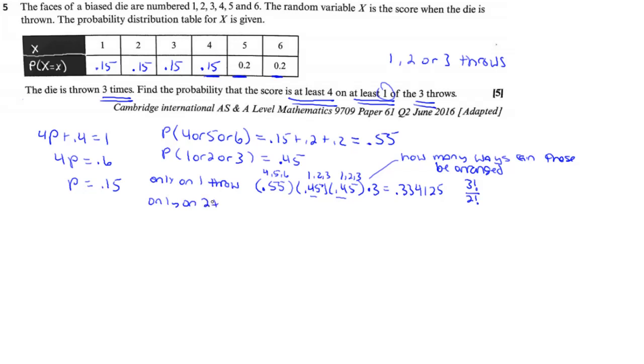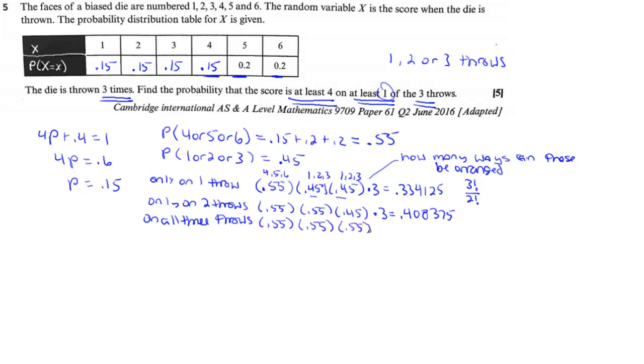Now, what if it only happens on 2 throws? Well, that means I get a 0.55 and a 0.55 and a 0.45. Now, in this situation, we're doing on the first throw and the second throw. But again, that could happen 3 different ways also. So we can look at the third situation where it happens on all 3 throws. That's a 0.55 times 0.55 times 0.55.